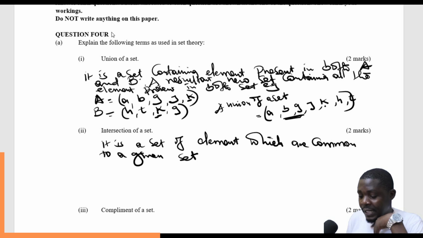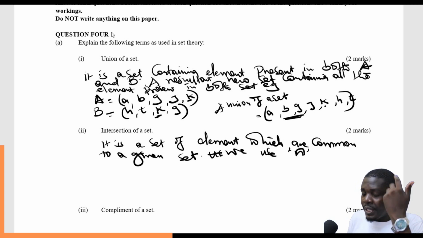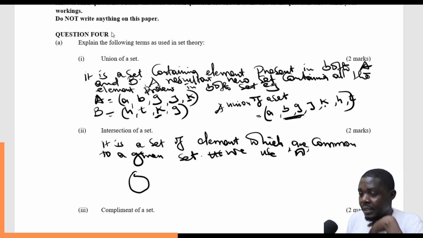They are common to a given set. In this case, we use this particular symbol to represent an intersection. For example, you can have that particular set intersecting at a particular point. In that case, we are going to use that particular symbol.